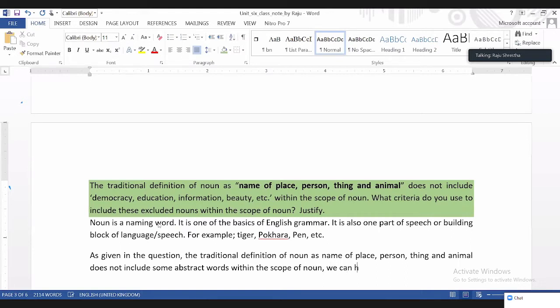We can have some more criteria to include abstract words like democracy within the scope of noun.